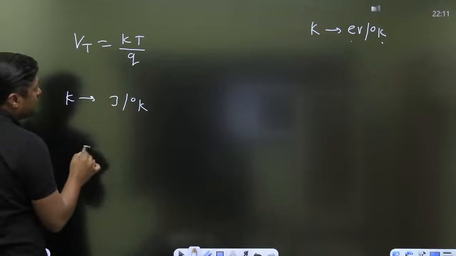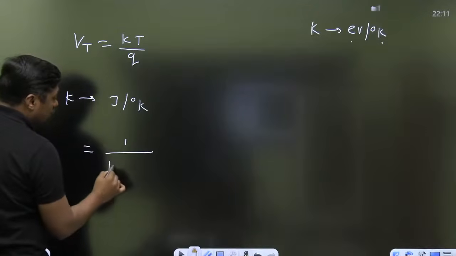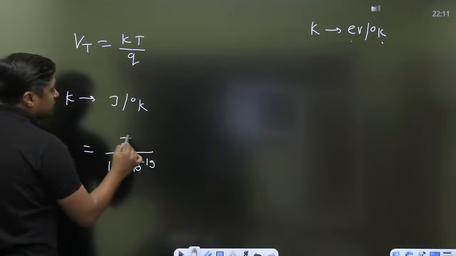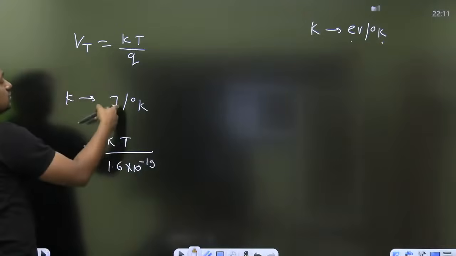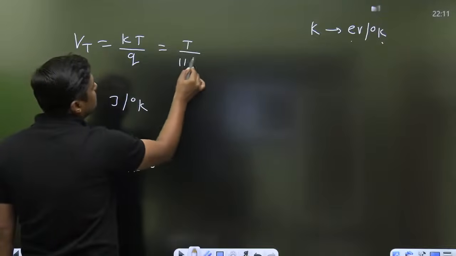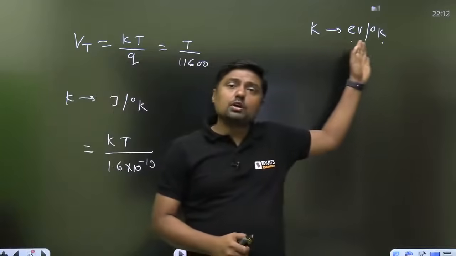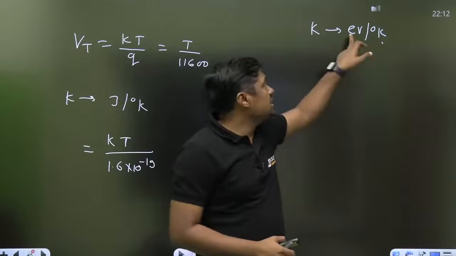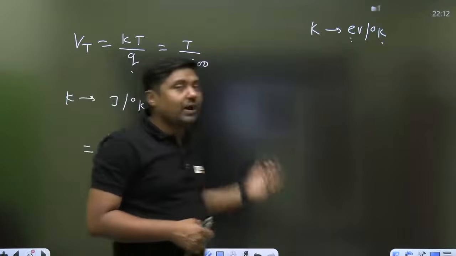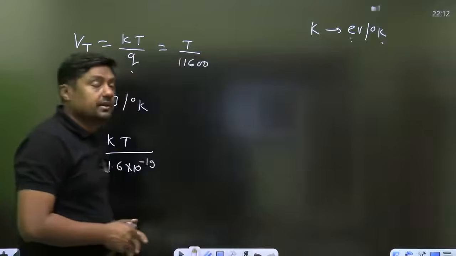It should be divided by 1.6 into 10 raised to power minus 19 into T, with k in Joule per degree Kelvin. Then you will get the same answer, T by 11,600, in both cases. If you are putting it in terms of electron volt, then simply this e or Q is cancelled out by this Q. No need to write the value of Q and you will get the answer. Okay. Now I think it is clear.